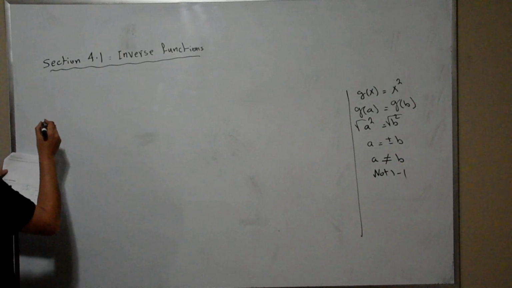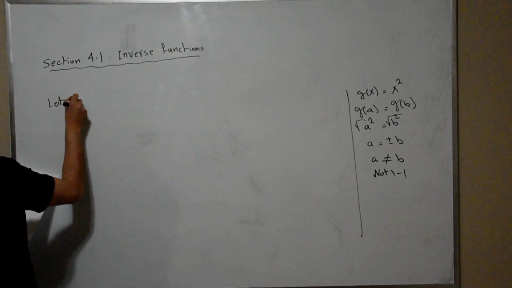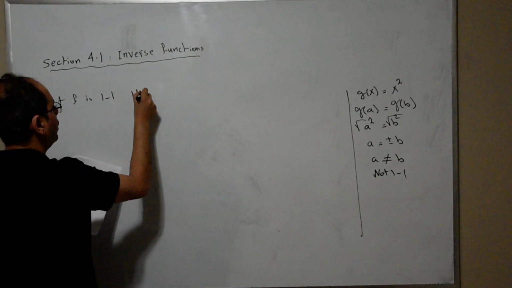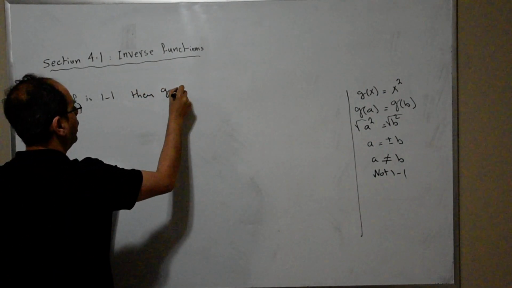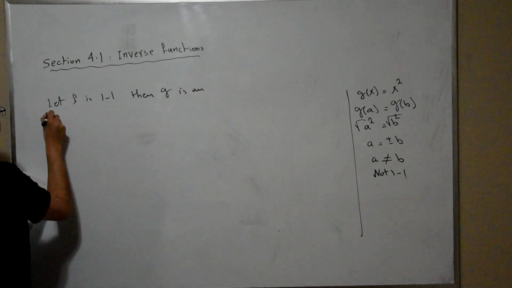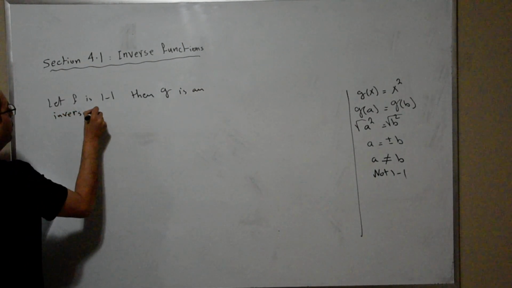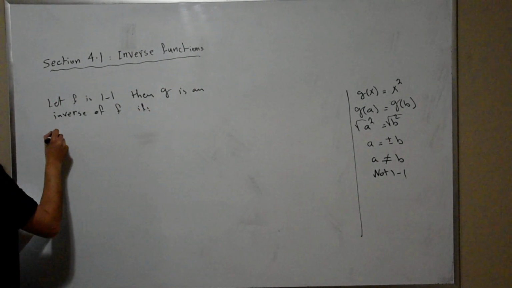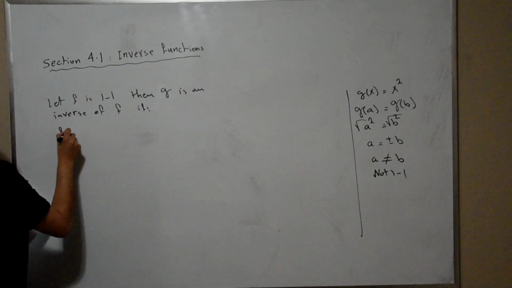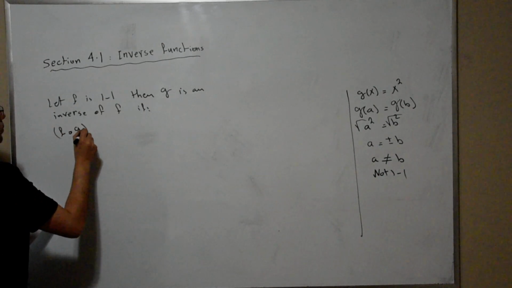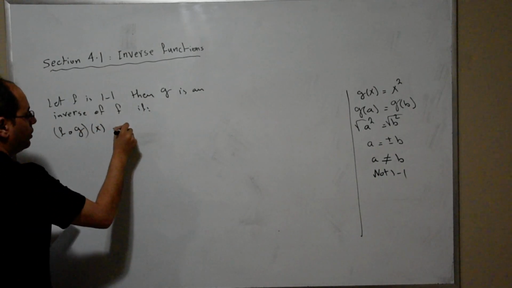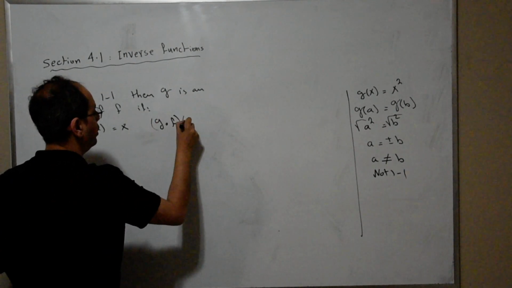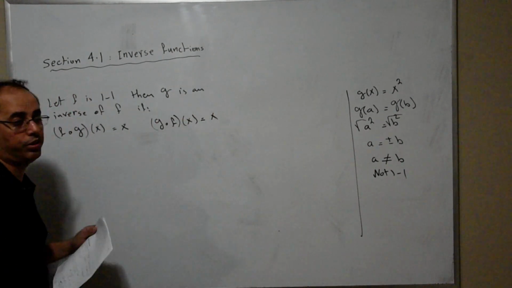Okay, so we say that f is a one-to-one function, then g is an inverse of f if, number one, f of g of x equals x, and g of f of x also equals x.